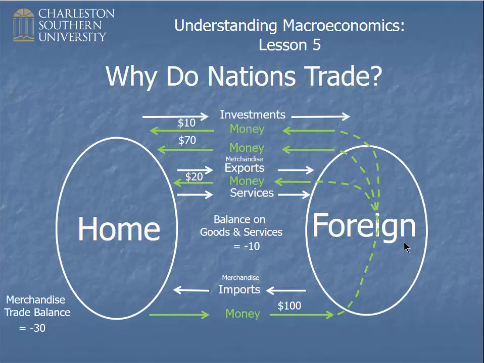So it's possible that a foreigner would take the $10 and buy stock or government bonds or maybe even real estate from the United States as an investment for their future. Now when they do that, the balance on goods and services is minus 10, but the capital account is plus 10. Because remember, the capital account only counts investment flows. All right, so the capital account would be plus 10.